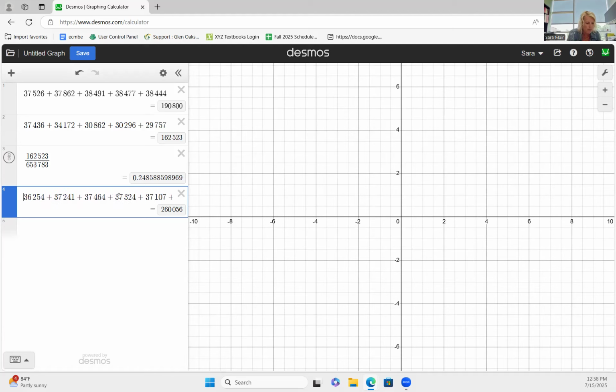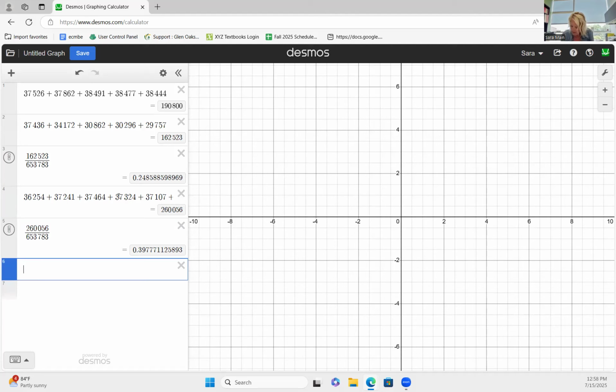We'll check the first two numbers, 241, 36,250. So we have a total of 260,056 out of 653,783. And that is approximately 0.398, so almost 40%.